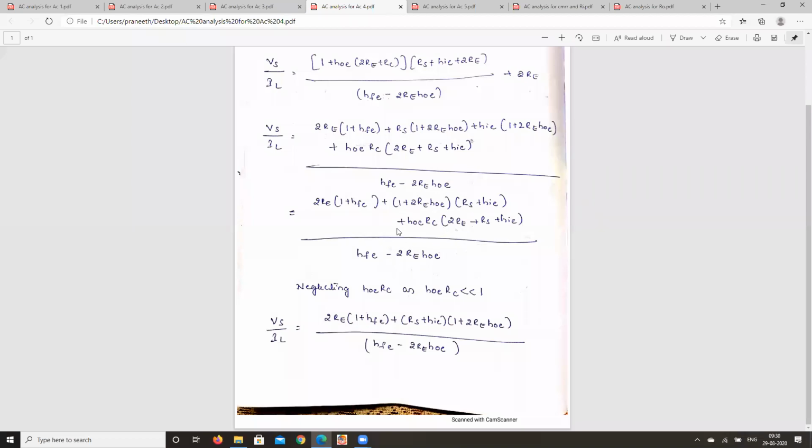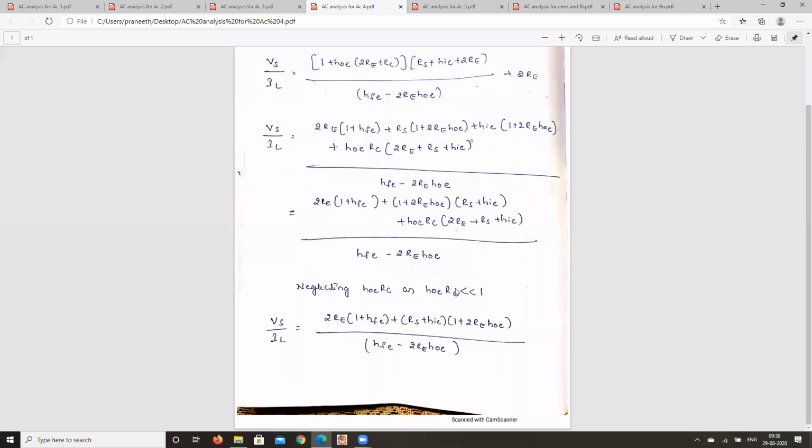Okay. Now look at this expression. Look into your notes or look onto the screen. After simplifying and deriving everything, the next step you have to do is neglect the term HOERC, because this term is always very much less than 1.